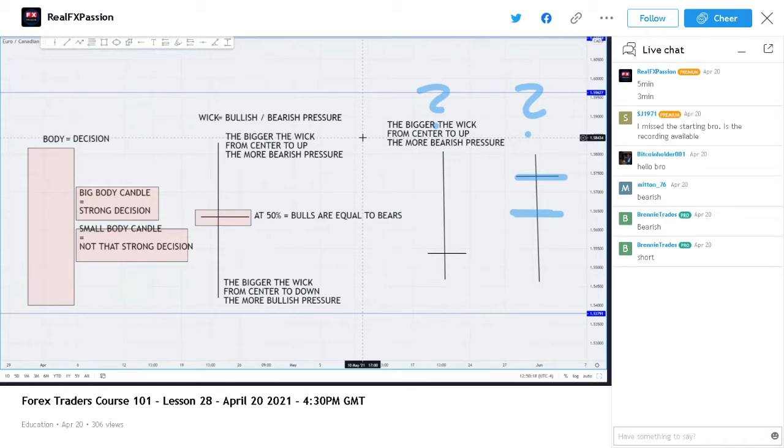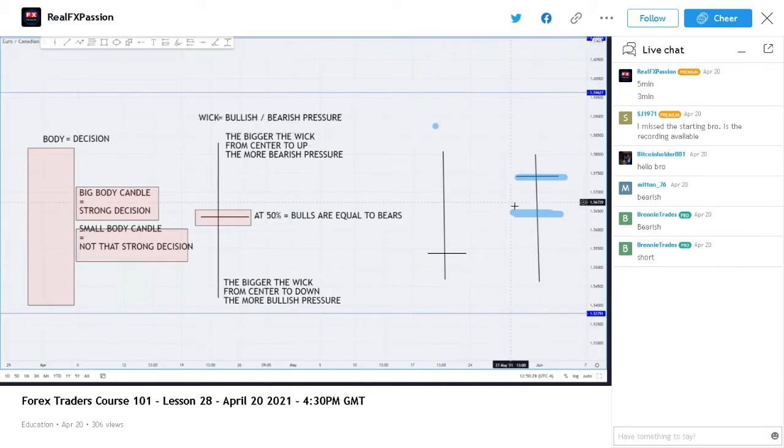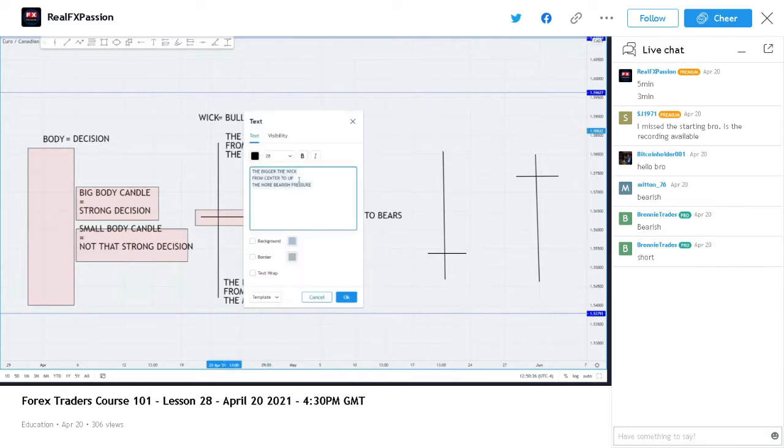It's confusing. So how can we rephrase this one? The bigger the wick from the center to up. Okay, let's change vocabulary, everybody. I know it's confusing, right? So the bigger the wick from the body, okay, how can I rephrase this? The bigger the wick on the upside. Oh, great, thank you very much.